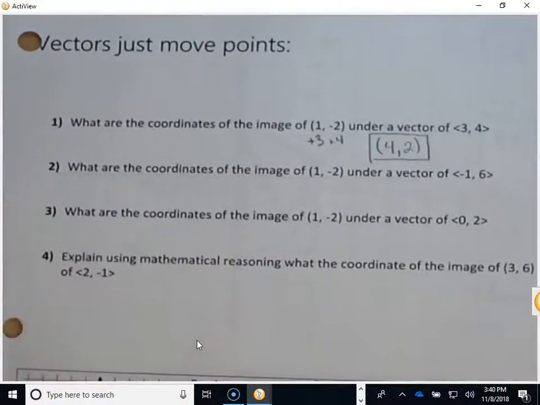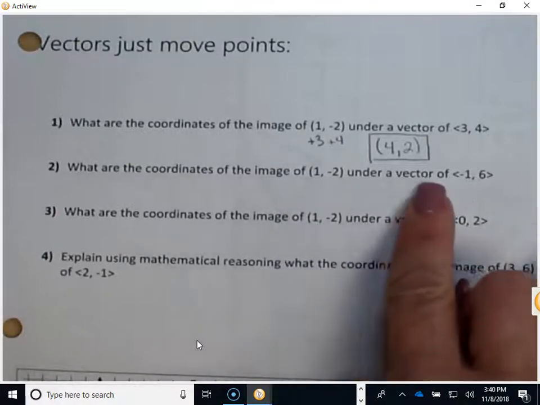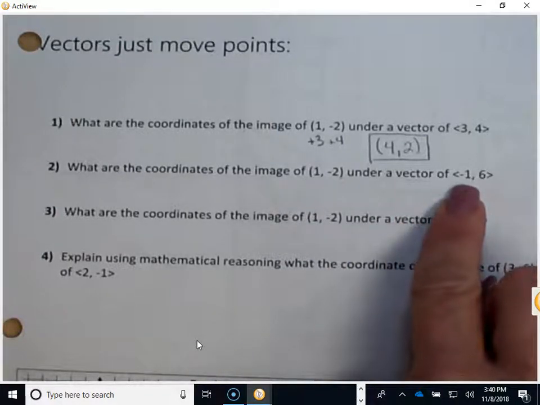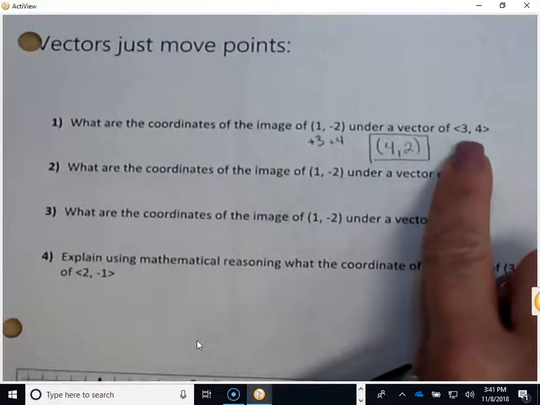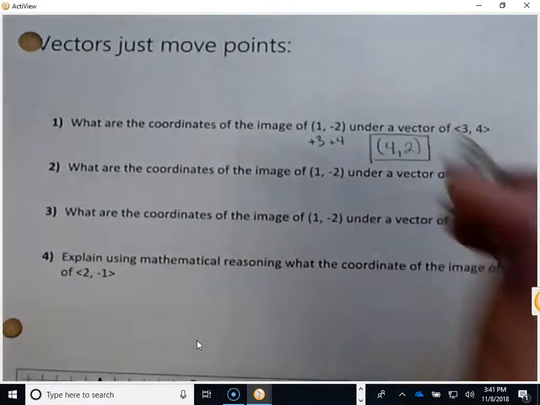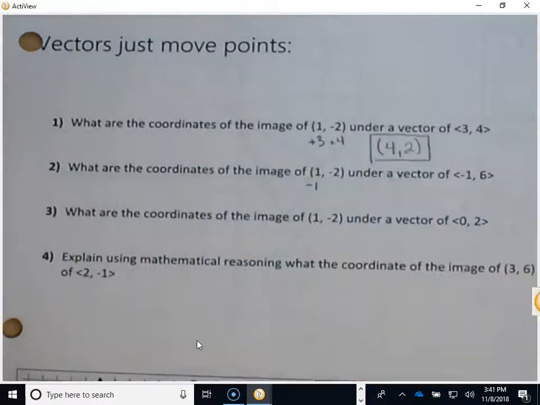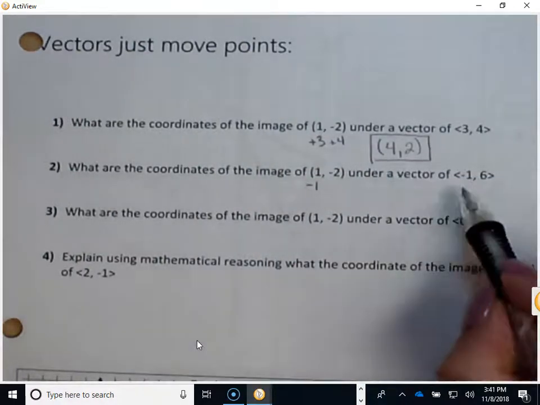Our next example: what are the coordinates of the image of the point 1, negative 2 under a vector of negative 1, 6? That negative 1 means we're going to subtract 1. Instead of adding 1, like when these were both positive. Since that's a negative 1, we subtract 1 from our x coordinate because it's in the x coordinate position.